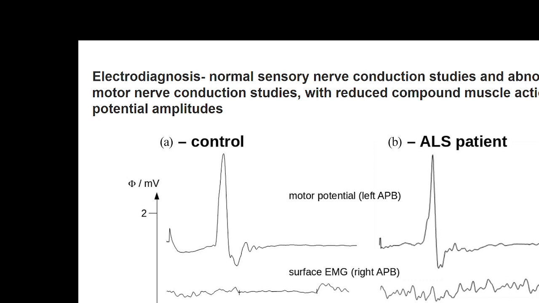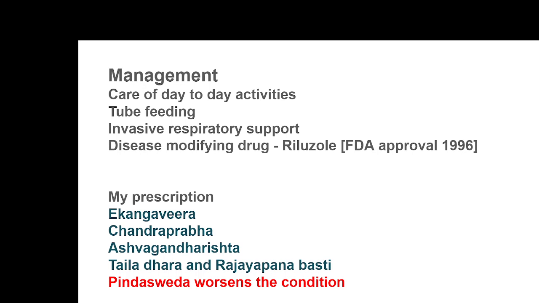So more or less you have to depend upon the course of the disease as it evolves. And once it is confirmed, there is absolutely no curative treatment. There is absolutely no curative treatment for amyotrophic lateral sclerosis. All that we can do is improve the quality of life by taking care of day-to-day activities.